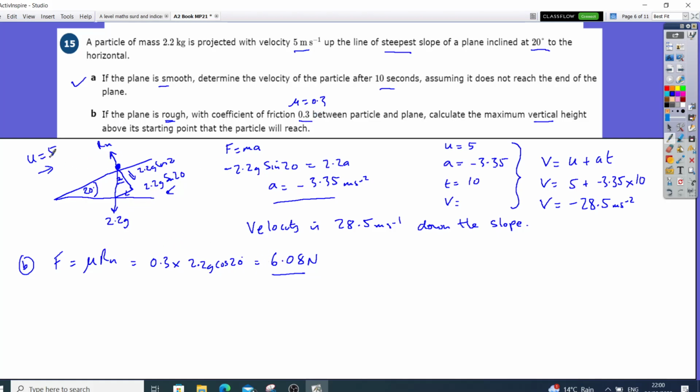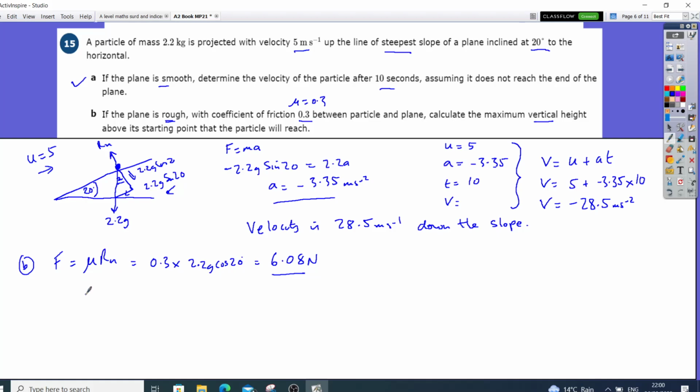Okay, we probably need to work out again what the acceleration will be. So if that's the friction, let's work out the acceleration. As it's projected up, friction is going to be opposing it, as well as the weight going down the slope.